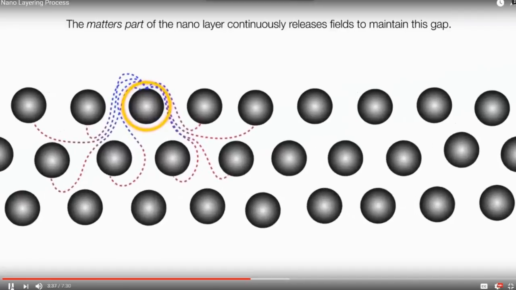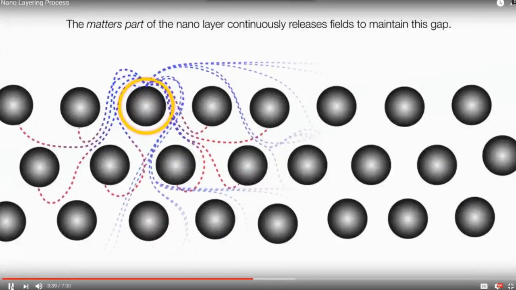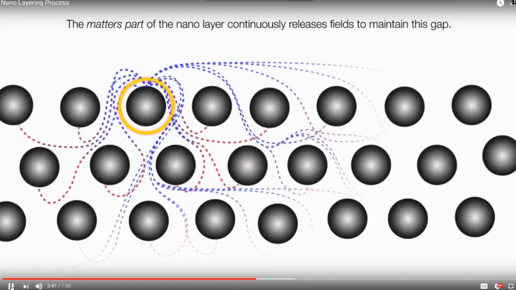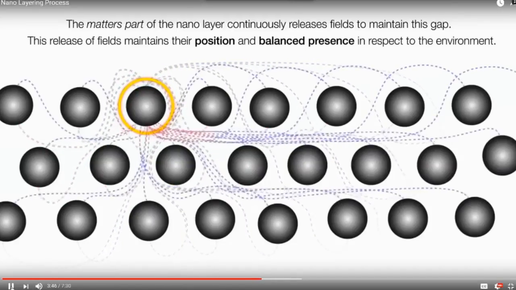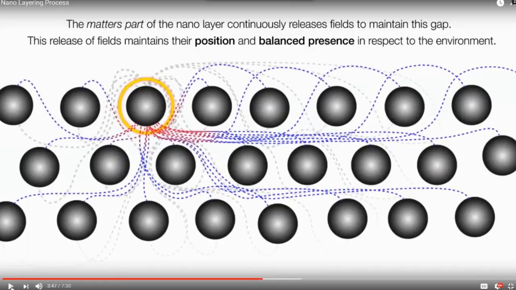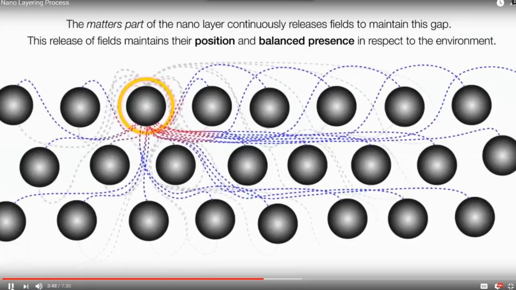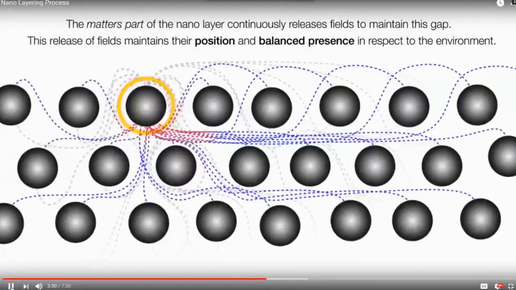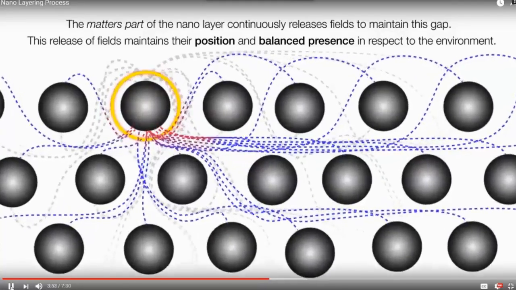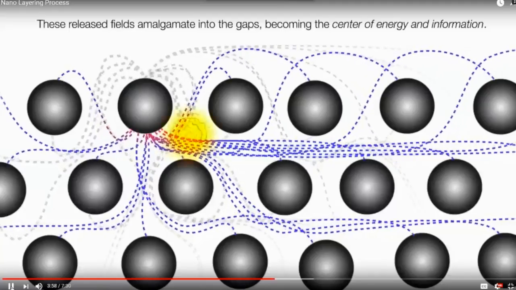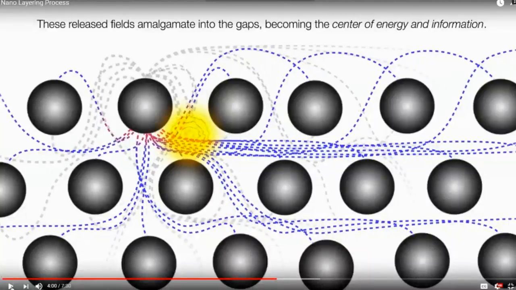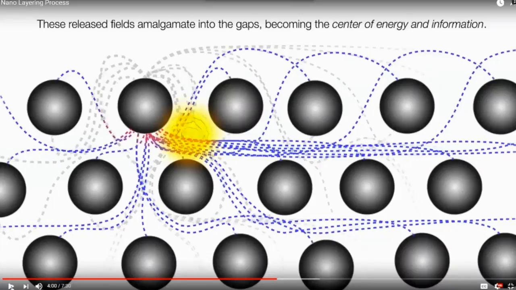The matter's part of the nanolayer continuously release fields to maintain this gap. This release of fields maintains their position and balanced presence in respect to the environment as well. These released fields amalgamate into the gaps, becoming the center of energy and information.